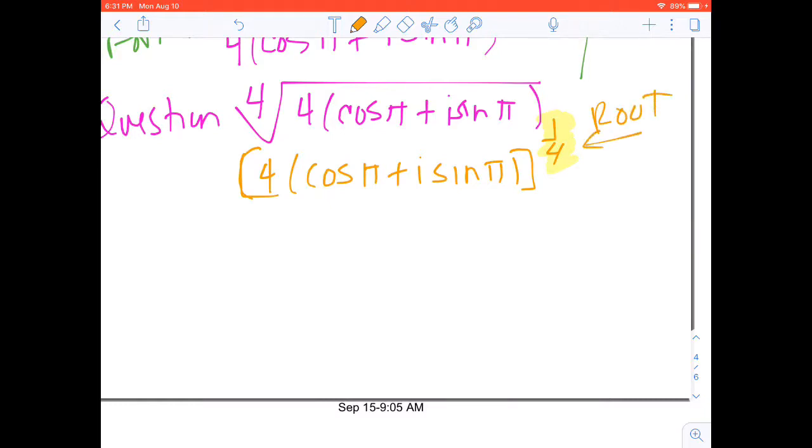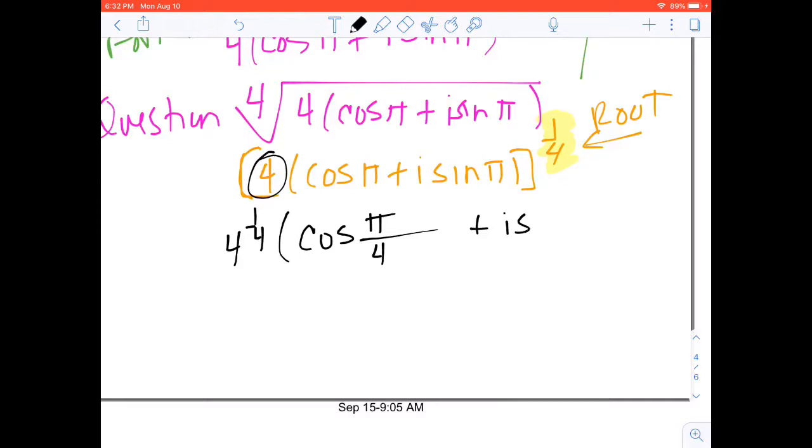It's a root because we have that rational exponent. So I'm going to start this off like we did DeMoivre's theorem earlier. The modulus is going to get the power and leave a little space. I'm going to take pi times 1/4. All right, so that's my pi times 1/4, pi over 4.